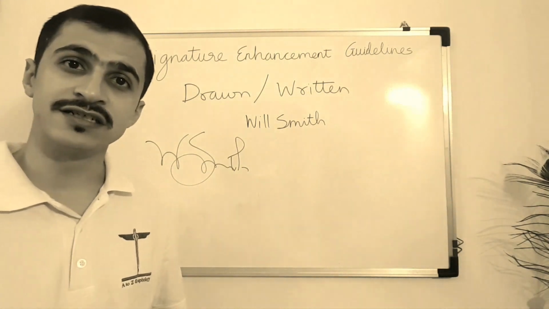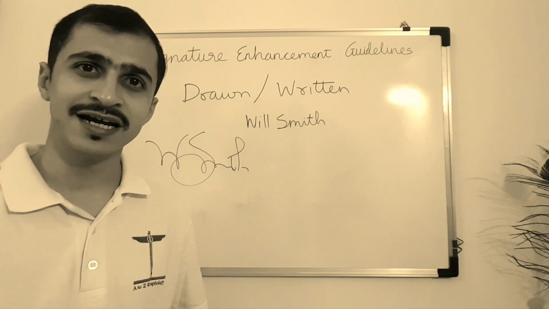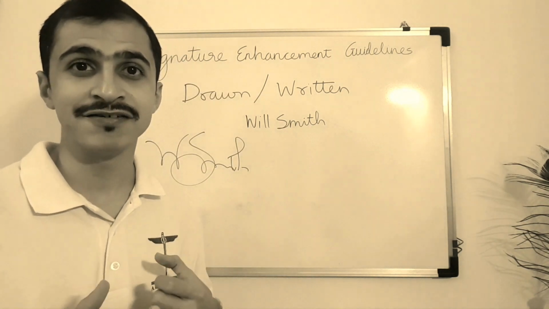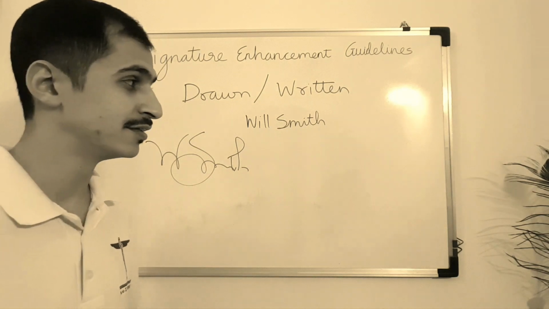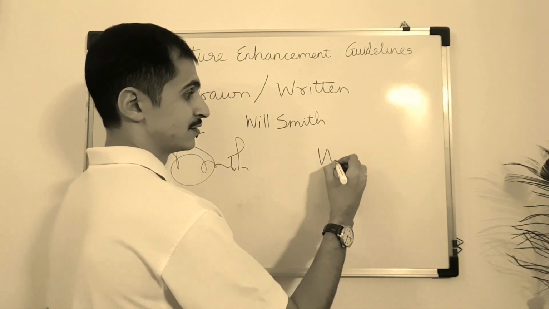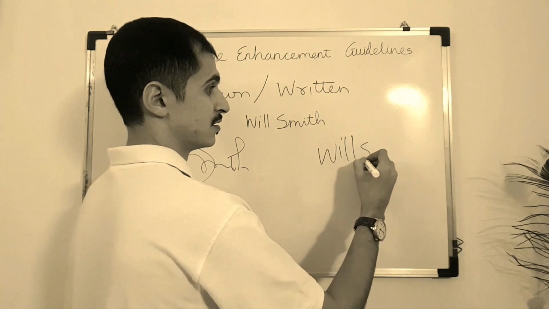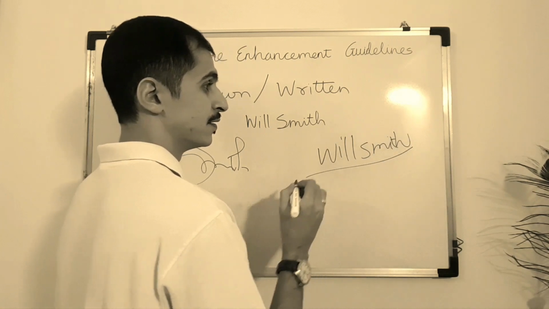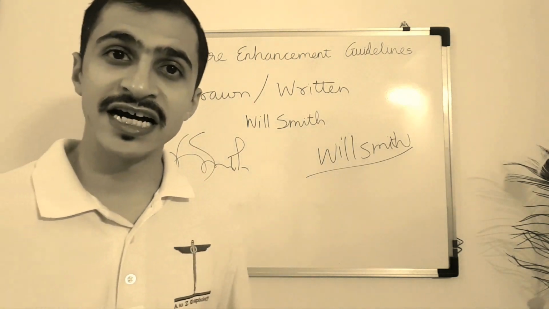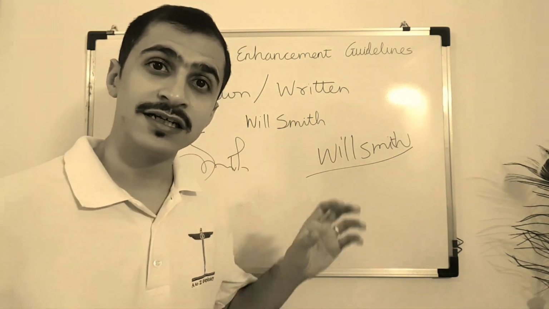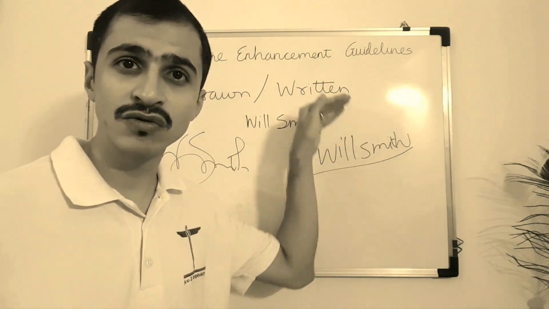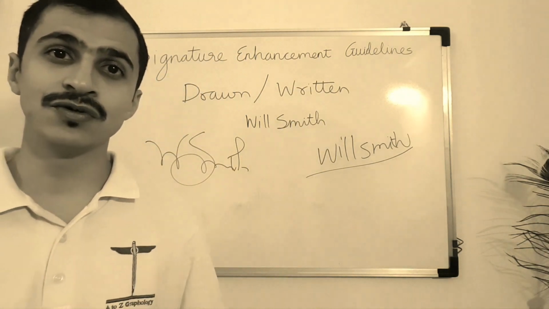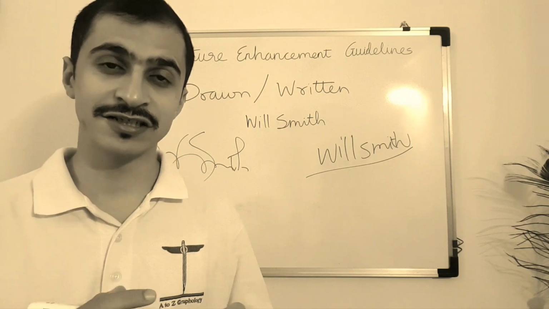This is a drawn signature. It's a bit fancy and the person remembers his hand movement, body language when he has to sign the signature. This signature has been written, means the letter structures are very similar to the handwriting of Will Smith, which allows him to write his signature.